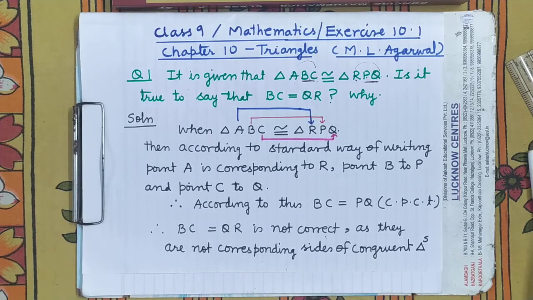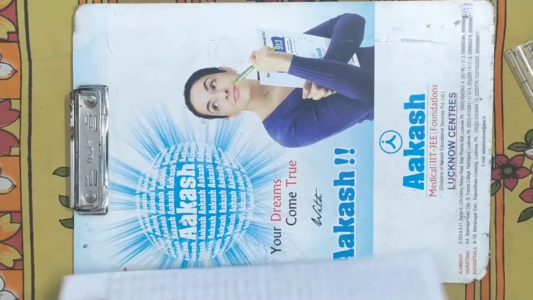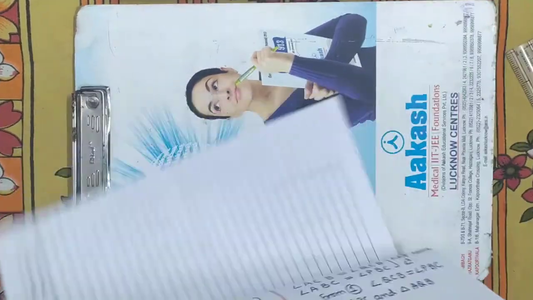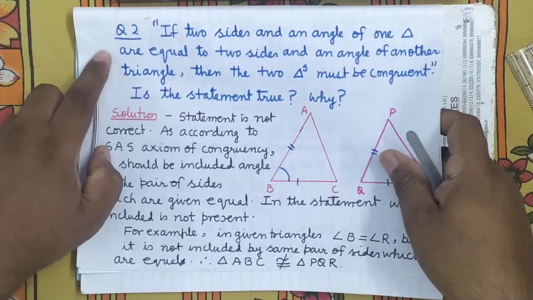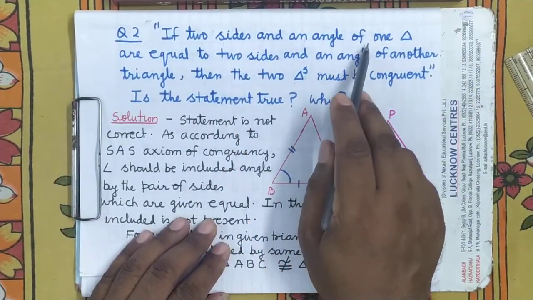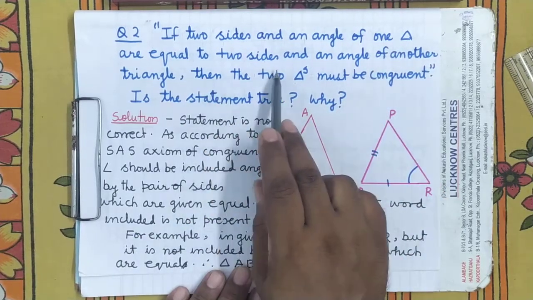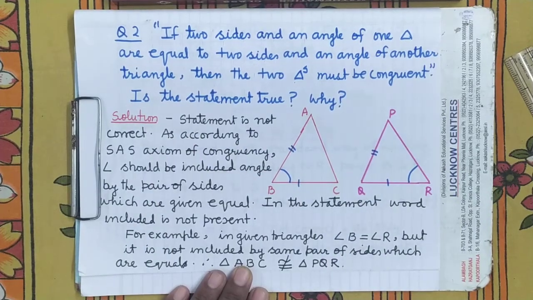Now you see the second question. I have written the question also. If two sides and an angle of one triangle are equal to two sides and an angle of another triangle, then the two triangles must be congruent.